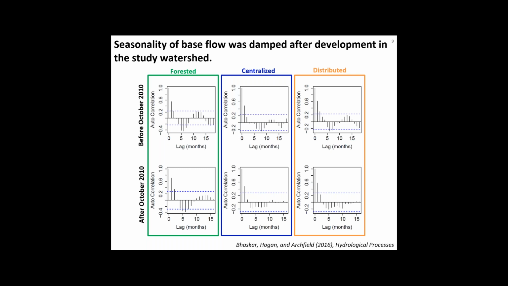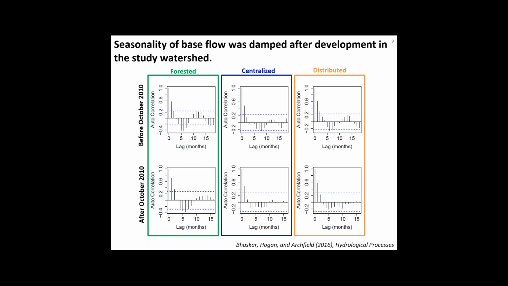In the centralized watershed, which is the urban control with centralized stormwater, we see that there's not as strong of a pattern of flow seasonality in this autocorrelation plot, either before or after 2010. We see that there's a high correlation for flow values that are close in time, but that once we get further out, there's not a clear 6-month or 12-month pattern going on here.